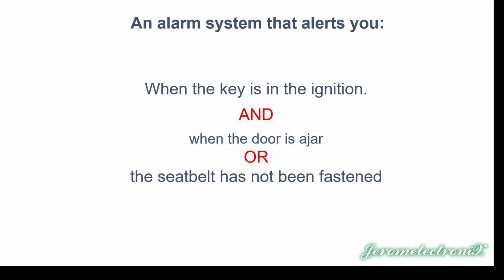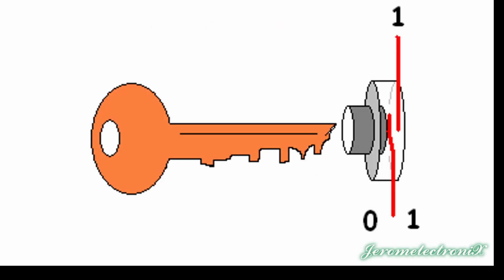And remember, in this case, sensors are really just switches. For example, we might use a key sensor like this, so the key actually presses the wires together, allowing the voltage to flow through, and that's interpreted as a 1. Or we might use this sensor that is always a 1 when the door is closed here.